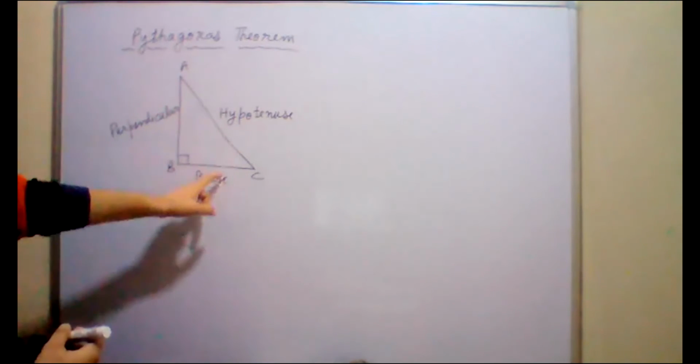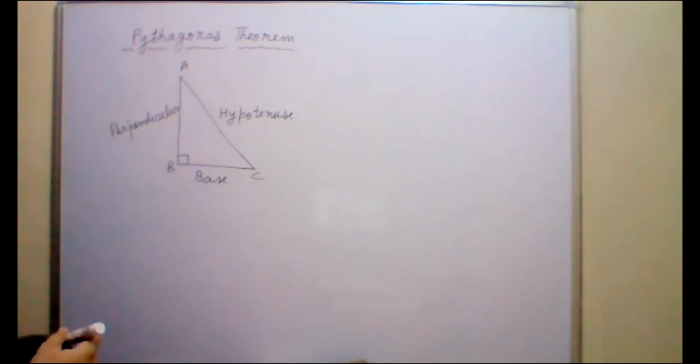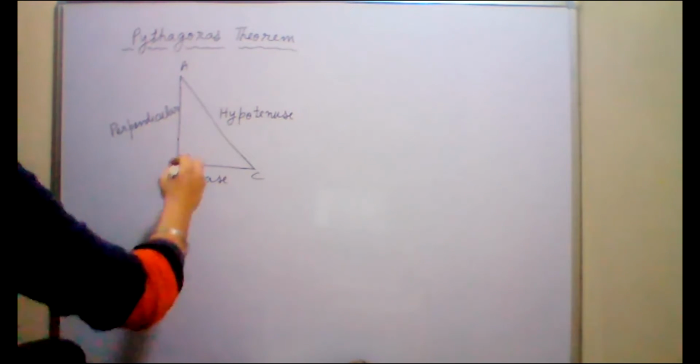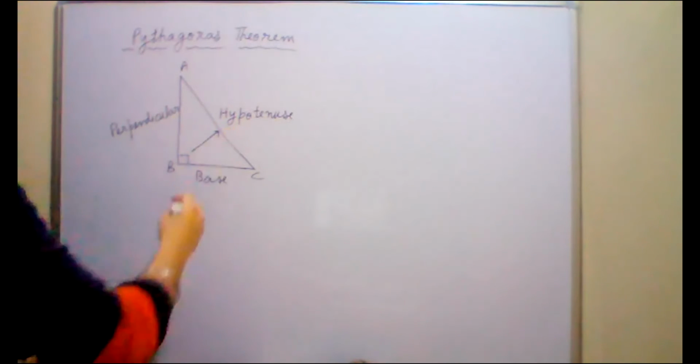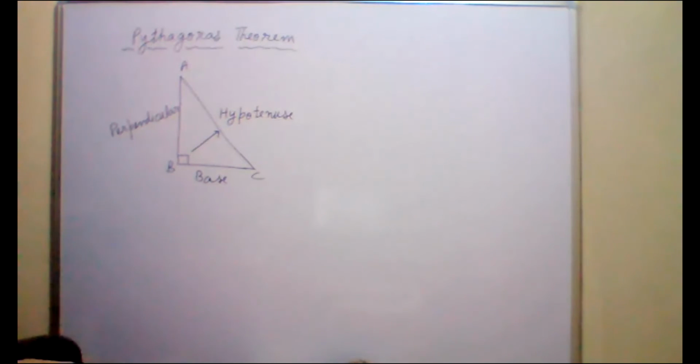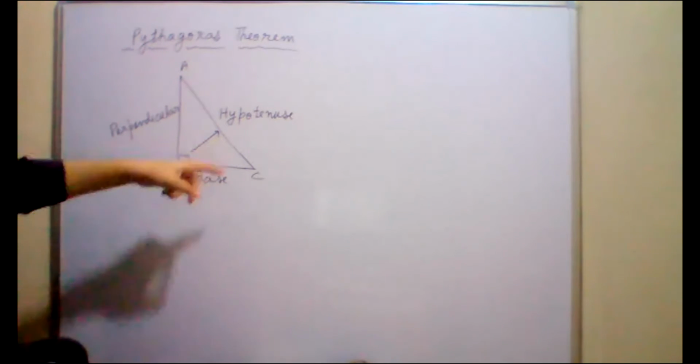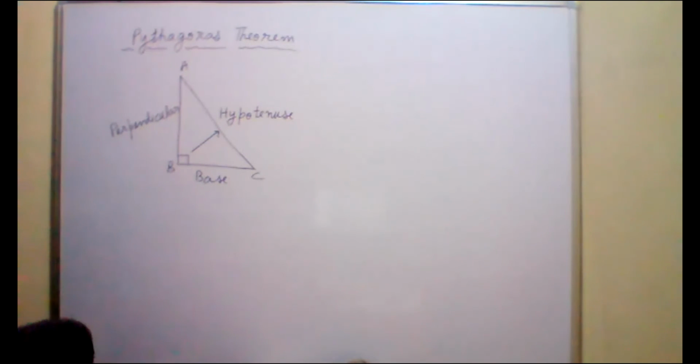Perpendicular, hypotenuse, base. These are the three sides of a right angle triangle, known by these names. Hypotenuse is the most important one. The side which is opposite to the right angle of the right triangle is known as hypotenuse. राइट एंगल की अपोजिट वाली साइड कौन सी है यहाँ पर? राइट एंगल के सामने कौन सी साइड है?